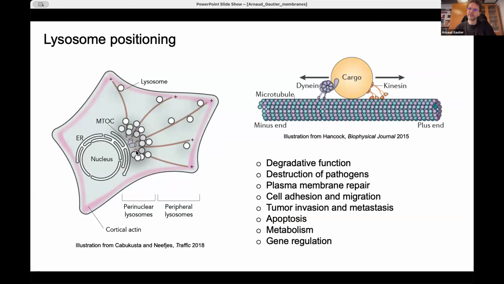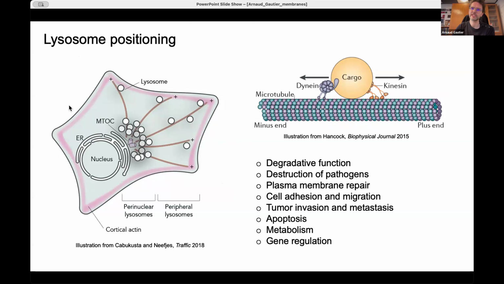The last example I wanted to show you is how we can use CATCH-FIRE to control lysosome positioning, or organelle positioning. So not only transporting proteins with CATCH-FIRE, but transporting organelles. Lysosome was a very interesting organelle for us, as it is involved in degradative functions inside cells. The localization of lysosomes is controlled by interaction with dynein and kinesin.